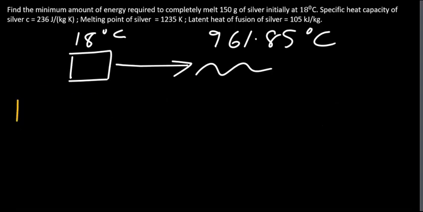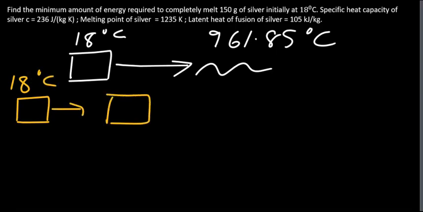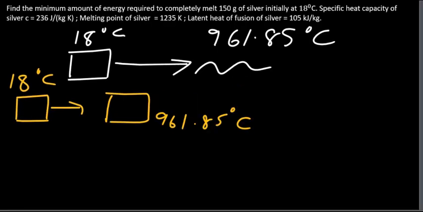The first process is where the temperature of that silver changes from 18 degrees Celsius to 961.85 degrees Celsius. So this involves temperature change, and there is no phase change.